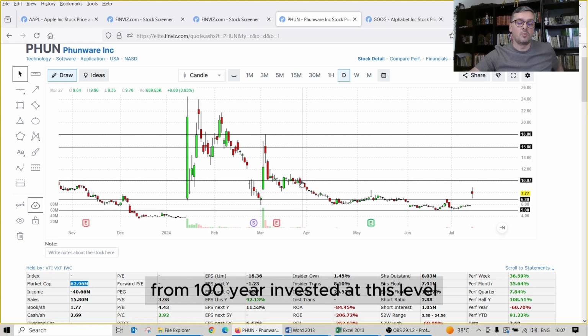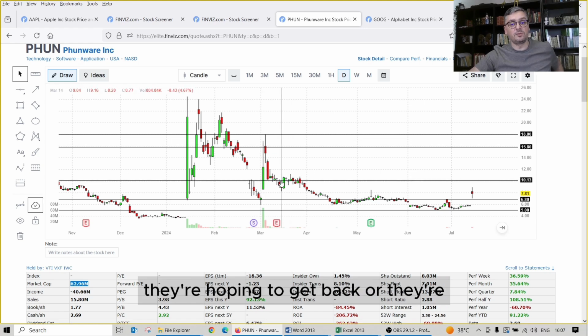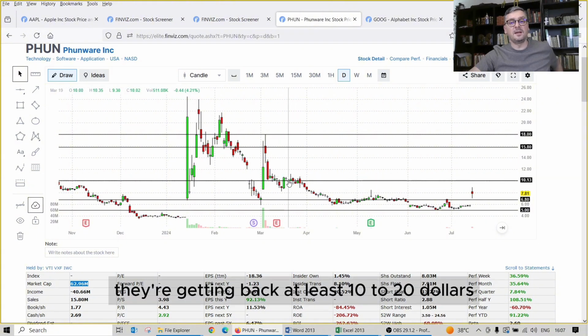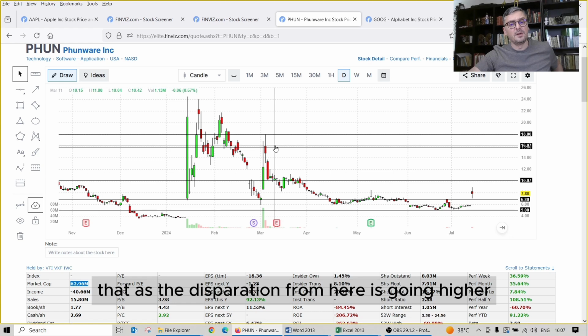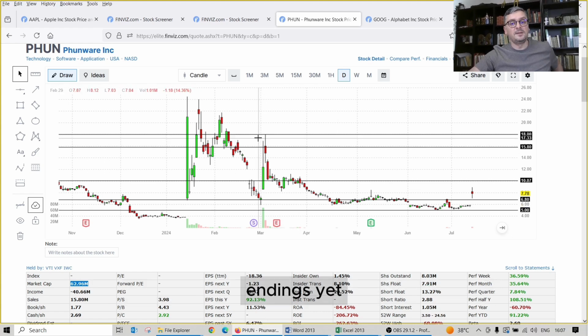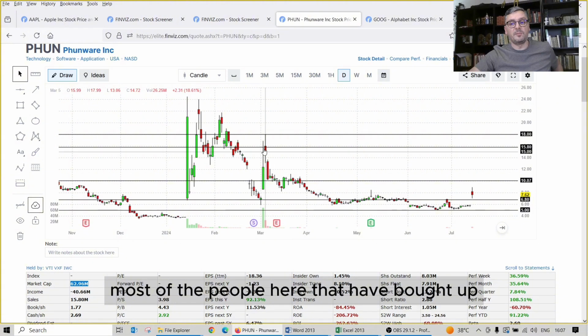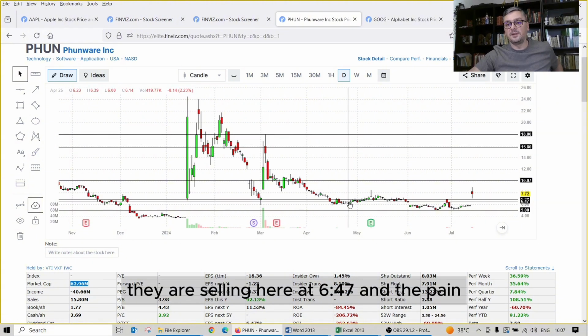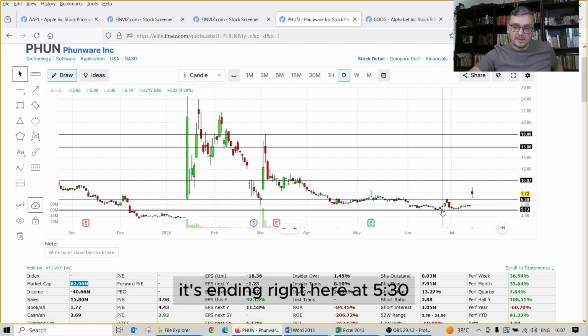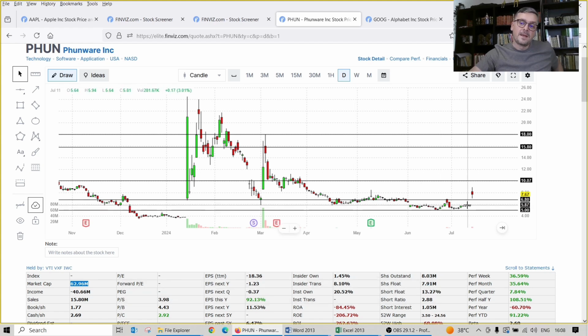From 100 euro invested at this level, they are hoping to get back, or they are getting back at least 10 to 20 dollars. And the price is going up, and the desperation from here is going higher. And in the end, most of the people here that have bought at, let's say, 15 or maybe 18, are selling here at 6.47, and the pain is ending right here at 5.30.